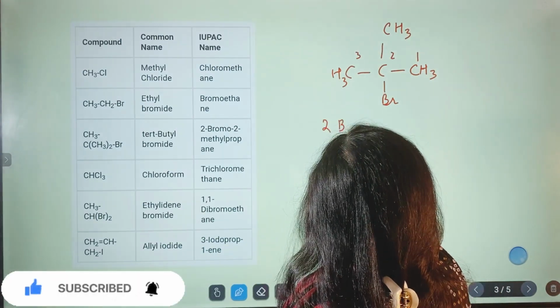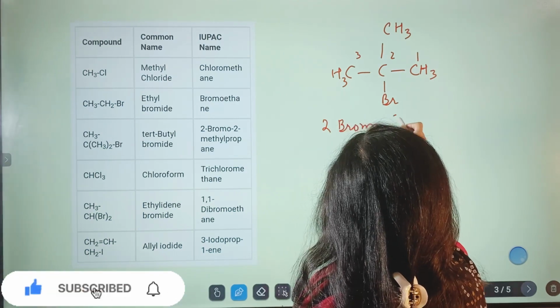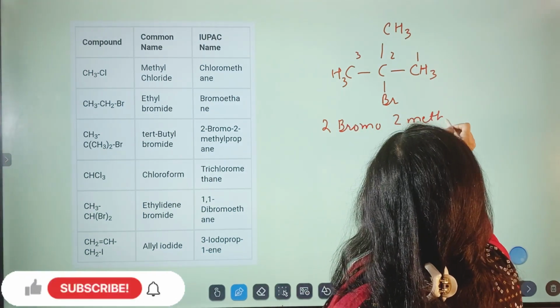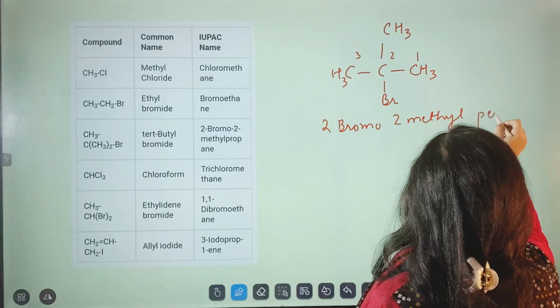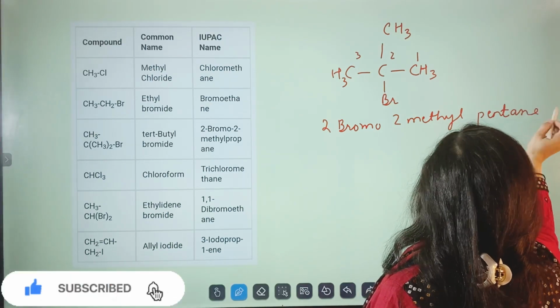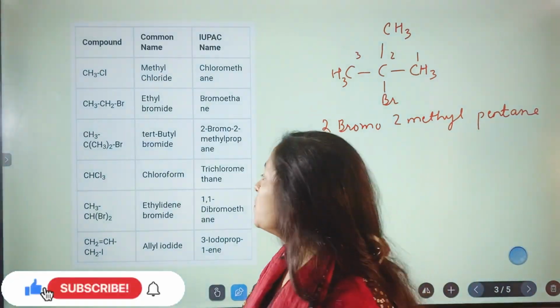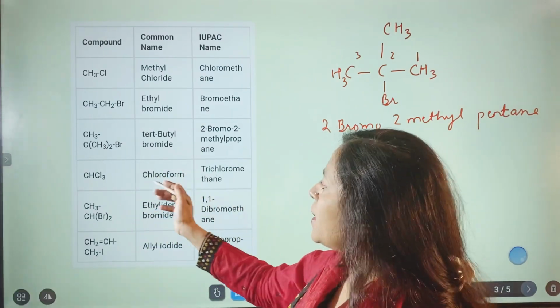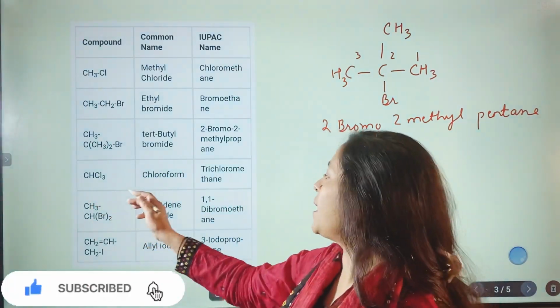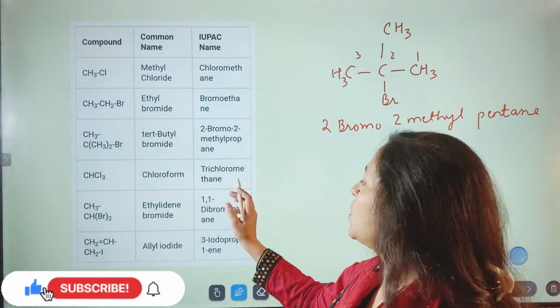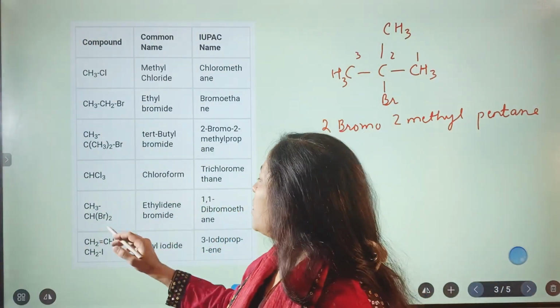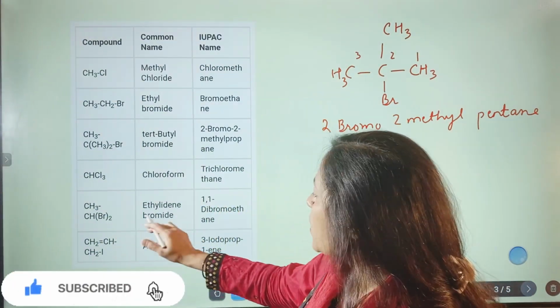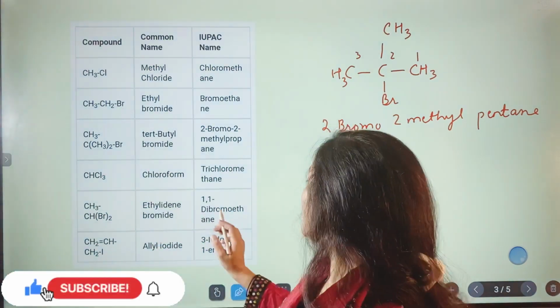So it is 2-bromo-2-methylpropane. Okay, so this is one of the typical structures I have explained on the board. Then chloroform contains 3 chlorine atoms, so we will call it trichloromethane.